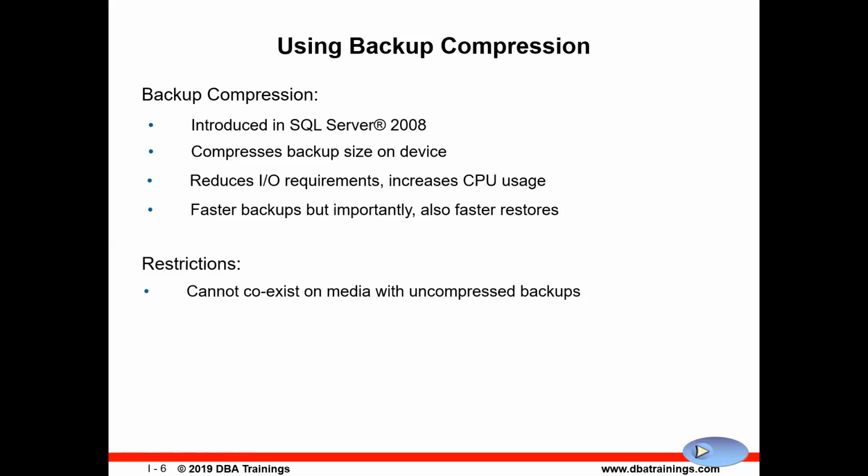What is that? A compressed backup cannot coexist on media with an uncompressed backup. Like if one backup you are putting compressed and another uncompressed, this cannot be merged. It cannot coexist on tape containing NetBackup. NetBackup is a backup tool, and from there you cannot do it.